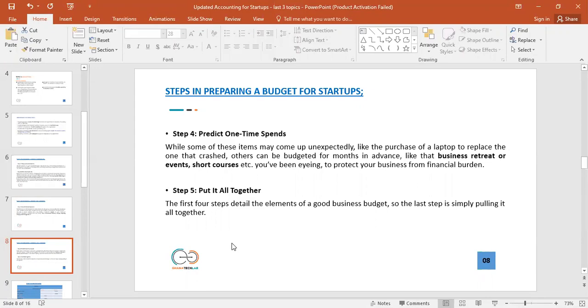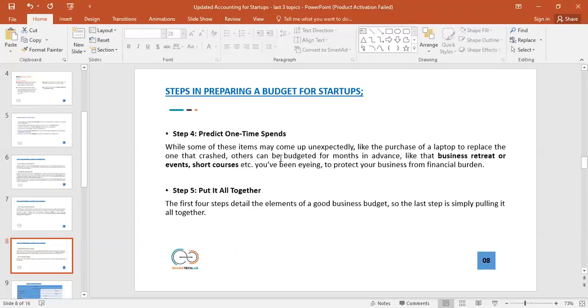You need to bring these things in because after you have prepared your budget, if you don't include these one-time spends and you approve your budget, spending outside it becomes very difficult. But then there can be a very important course that you feel like, hey, should I go in and enroll? It's going to really improve my business.